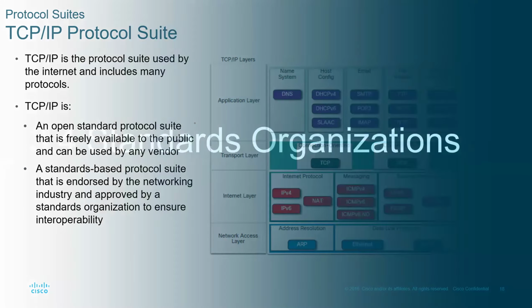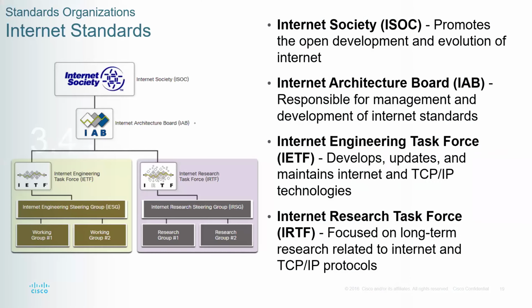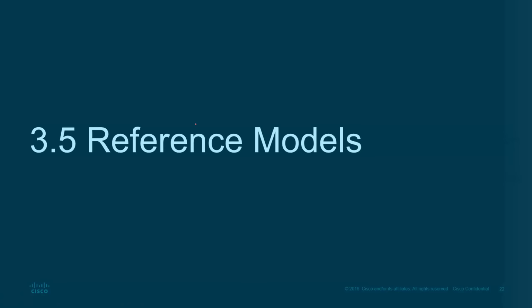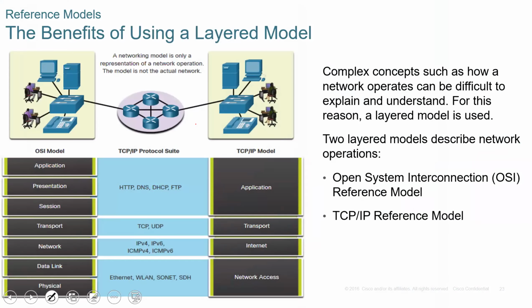And for the OSI, let me just go there. The OSI model has 7 layers. These are the 7 layers. It has layer 1, physical, layer 2, data link, layer 3, network, layer 4, transport, layer 5, session, layer 6, presentation, layer 7, application.